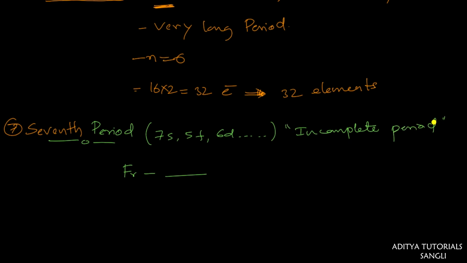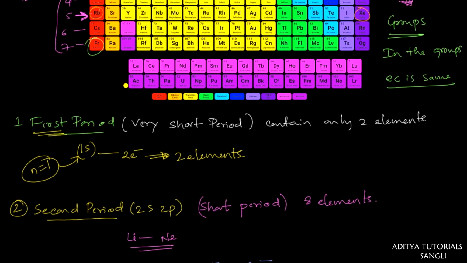Similar to filling up the 4f orbitals, the 14 electrons belonging to the 5f orbitals are also placed separately at the bottom of the periodic table here, and these are called actinides. In the previous one I forgot to explain that these are called lanthanides, but that is the sixth period.